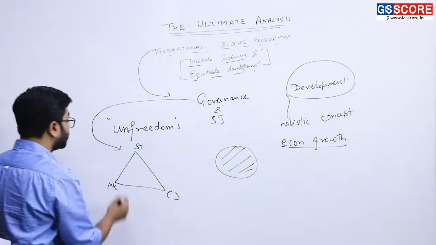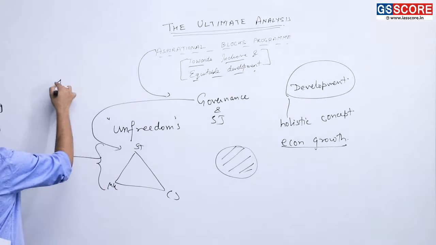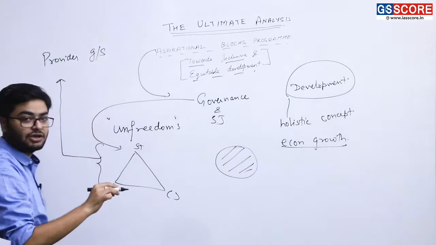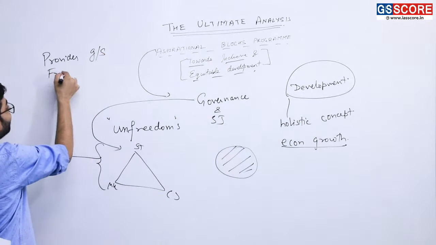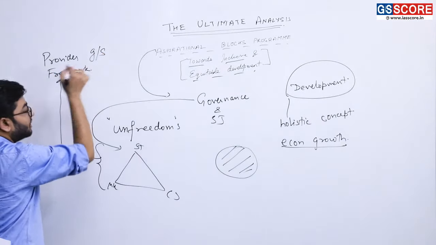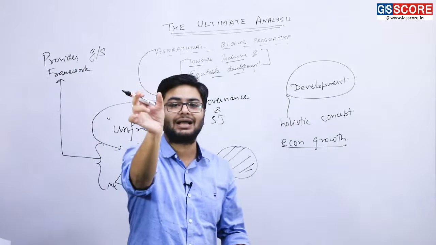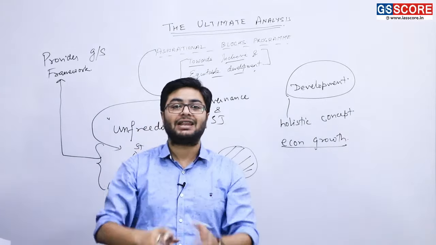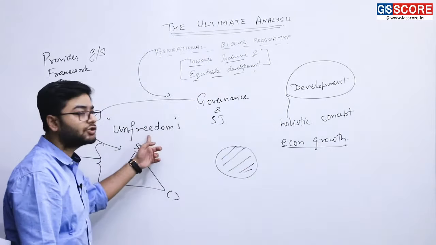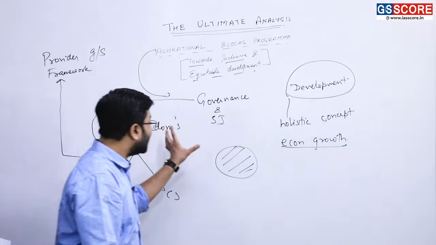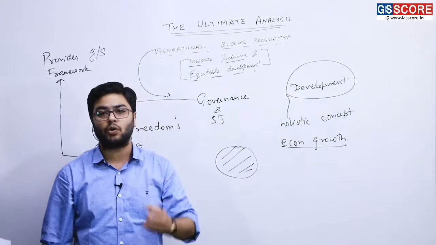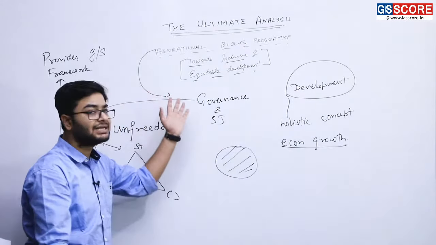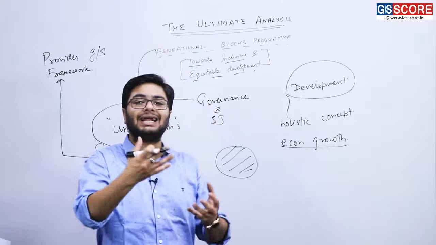So either through this process, the government provides the goods and services, or it creates a framework where the citizens can plug and play and realize their own potential. So in a way, removing those unfreedoms which Dr. Sen talks about, enabling the citizen to realize own potential. And for that, basically the government makes various policies and interventions.